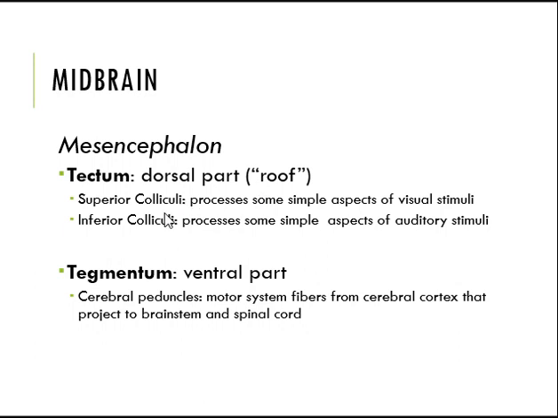The superior colliculus processes simple aspects of visual stimuli, and the inferior colliculus does the same for simple aspects of auditory stimuli. The superior colliculus will send information to the primary visual cortex in the occipital lobe, and the inferior colliculus will send information to the auditory cortex for more complex processing.